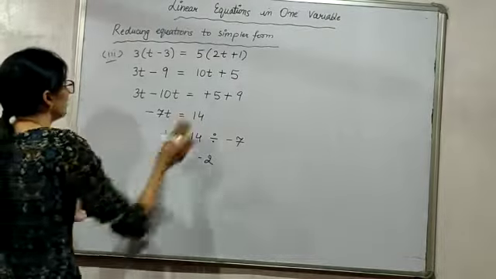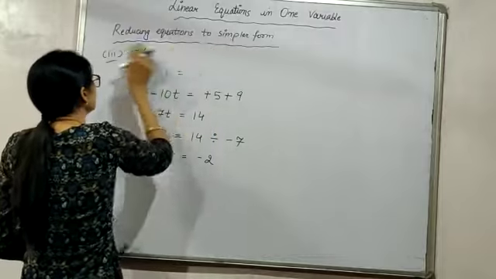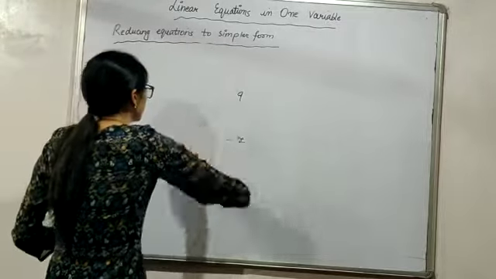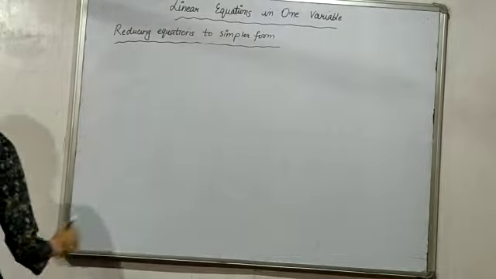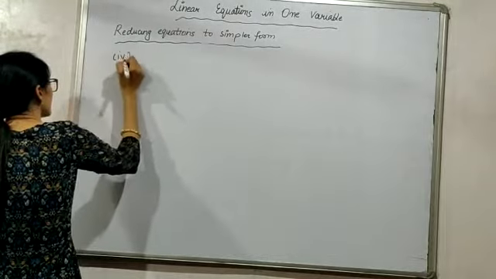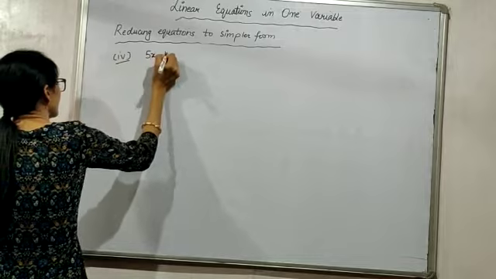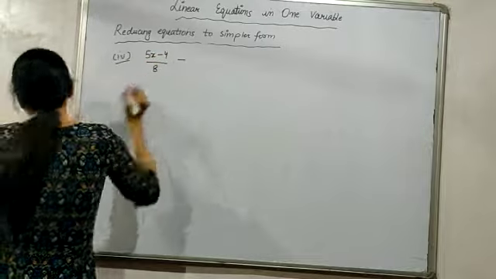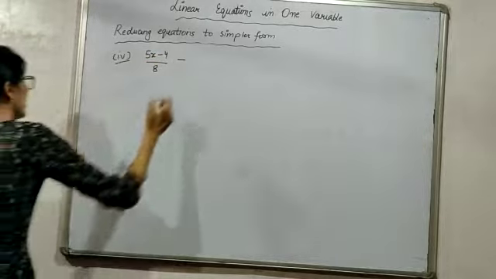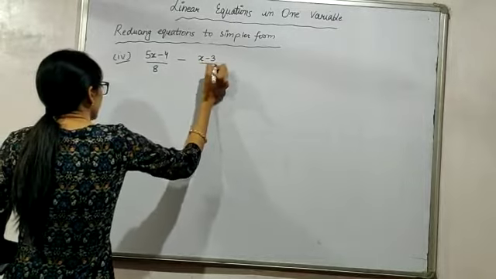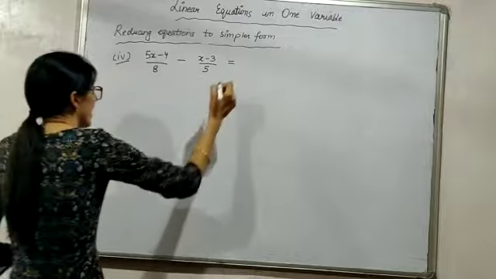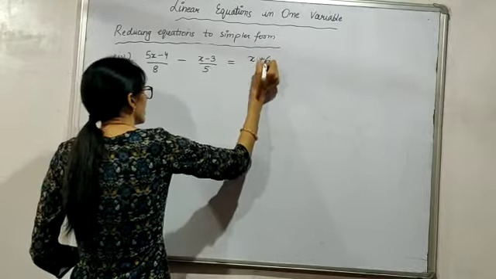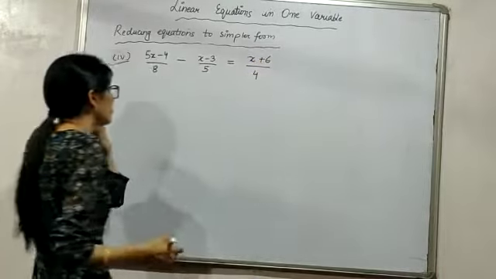Next, come to the fourth problem. (5x minus 4) by 8 minus (x minus 3) by 5 equals (x plus 6) by 4.